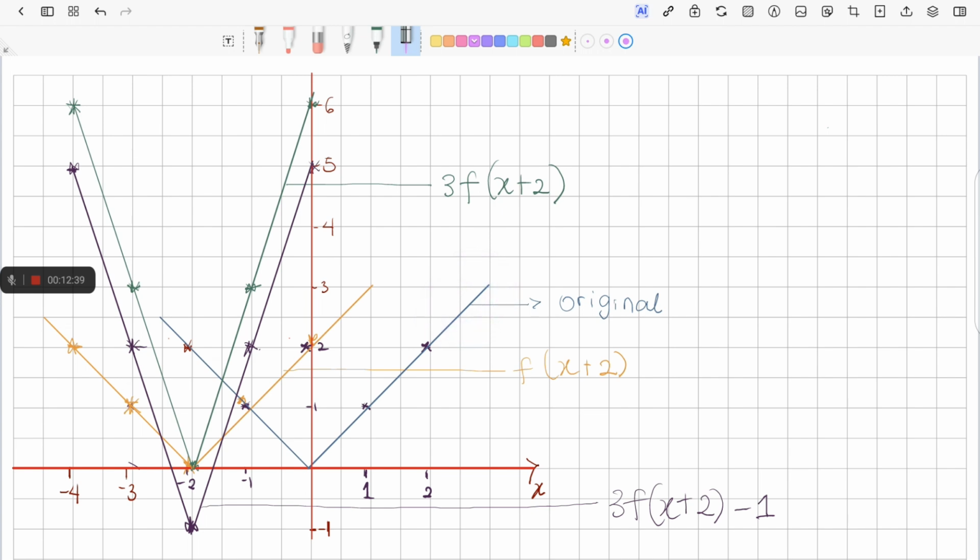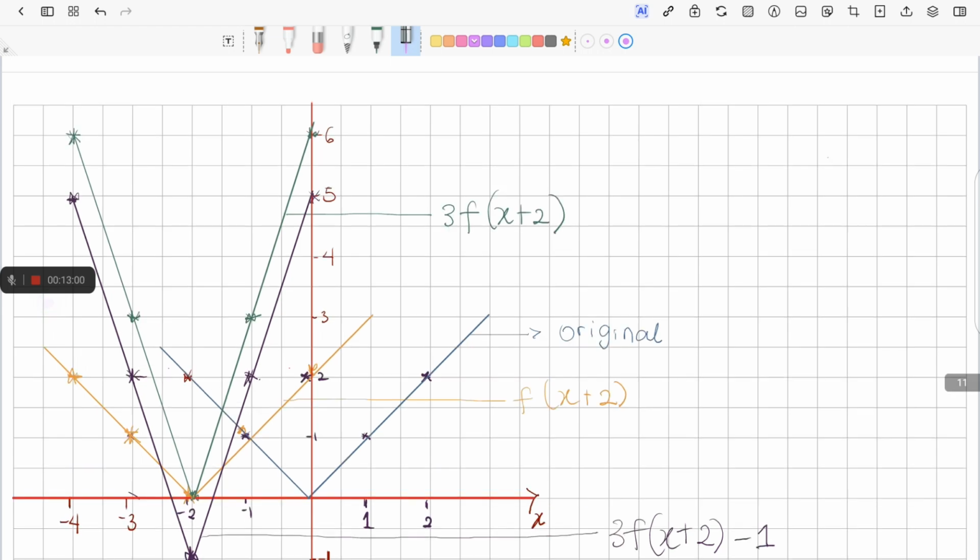I shift it to the left by 2 units, such that previously 0 was mapped to 0, now minus 2 will be mapped to 0. Previously minus 1 was mapped to 1, now minus 3 will be mapped to 1, and so on. So my yellow curve here is f of x plus 2.